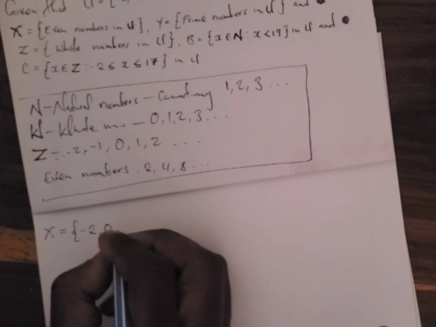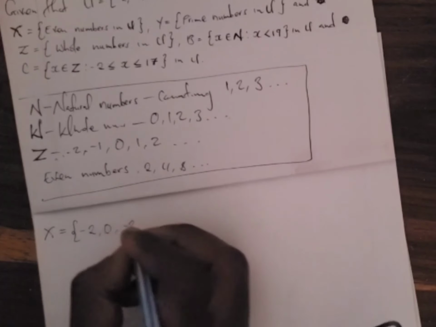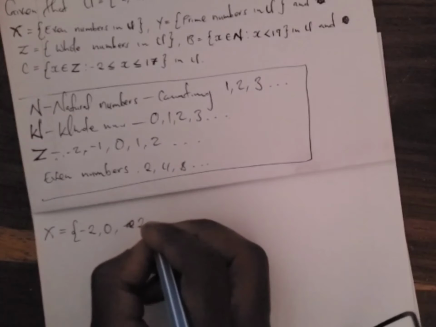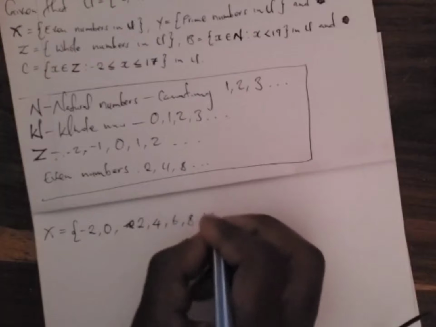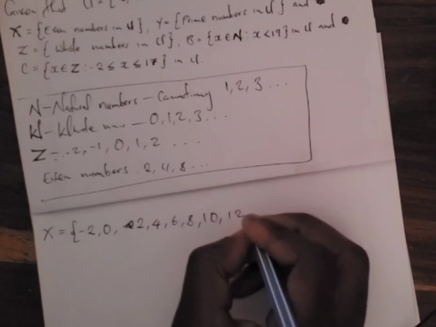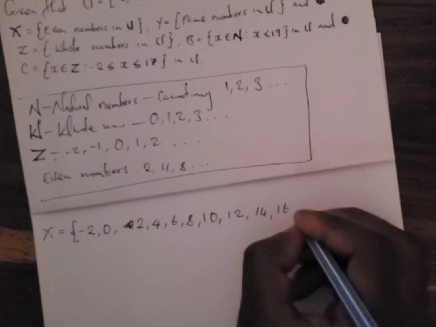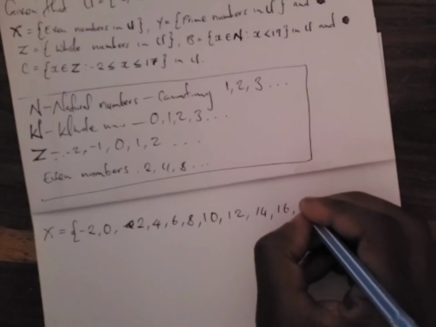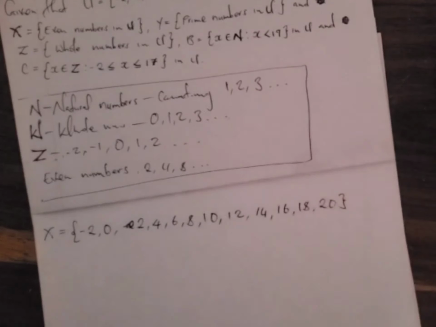So we have negative 2, 0, 2, 4, 6, 8, 10, 12, 14, 16, 18, 20. These are the even numbers we have.